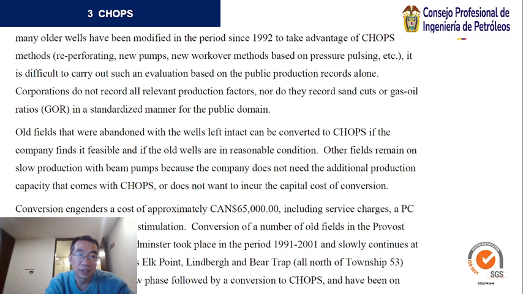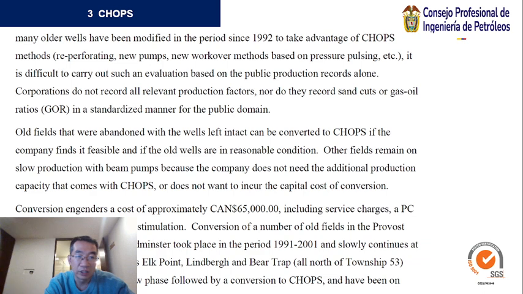Old fields that were abandoned with the wells left intact can be converted to CHOPS if the company finds it feasible and if the old wells are in reasonable condition. Other fields remain on slow production with beam pumps because the company does not need the additional production capacity that comes with CHOPS, or does not want to incur the capital cost of conversions.